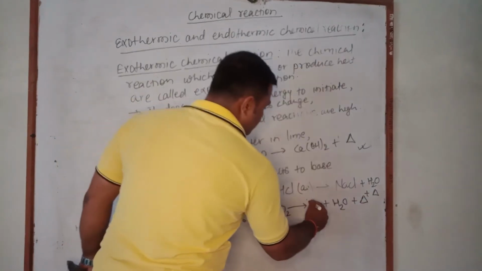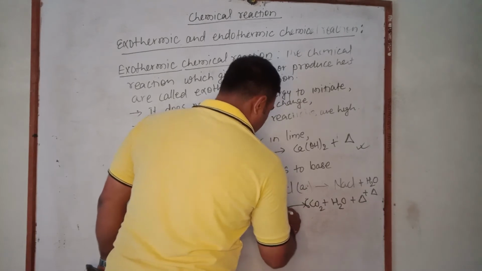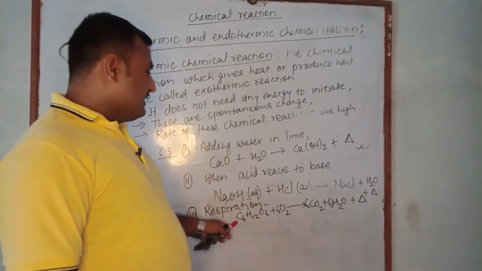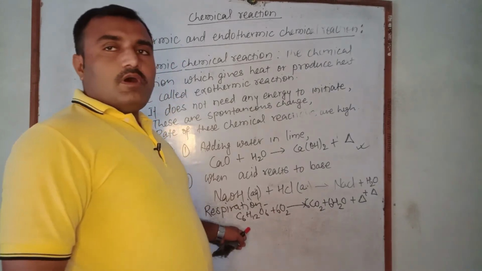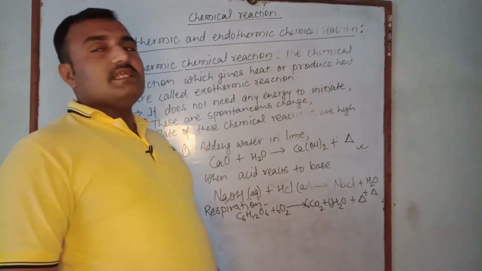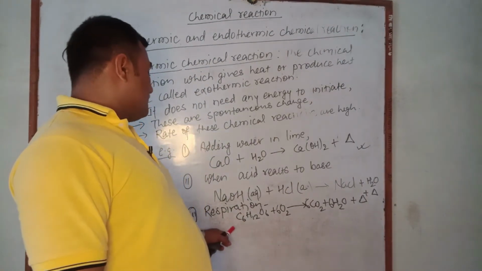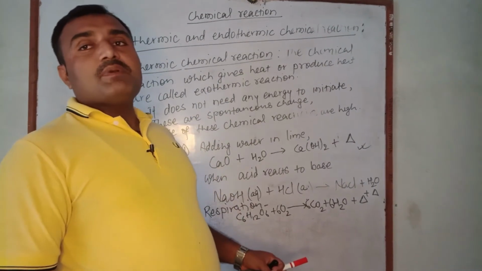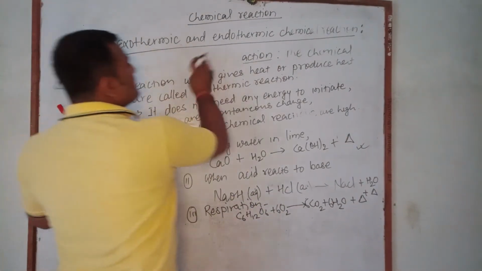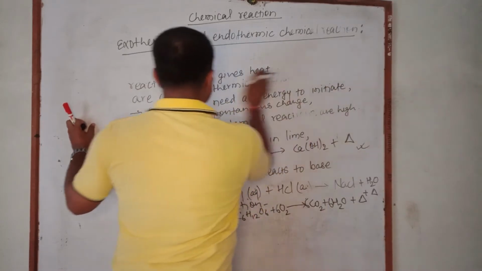And to balance it, here we write 6, 6, 6. And here we write, oxidation of food causes energy to be produced at cellular level in the form of heat, and therefore it is also an example of exothermic reaction. Why? Because it releases heat energy and is called exothermic reaction.